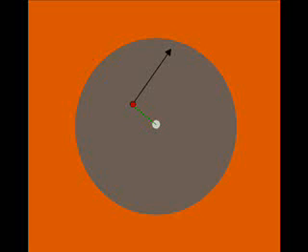If you look at that vector r, it's perpendicular to the vector of your force, and that green thing is called the moment arm.